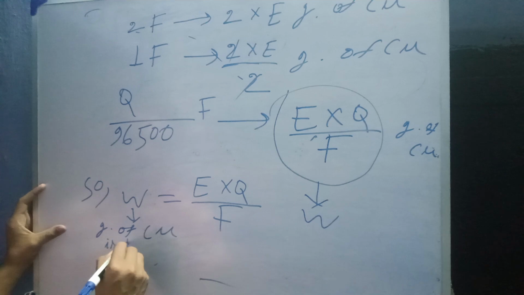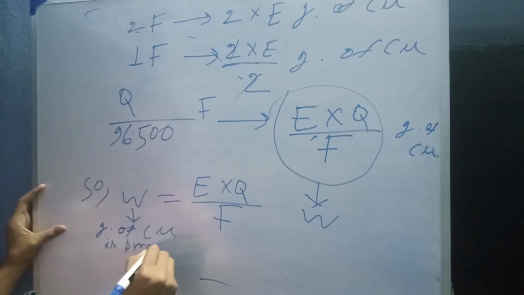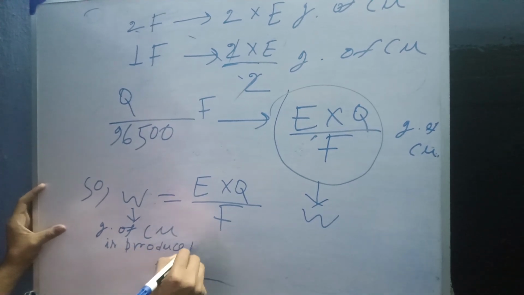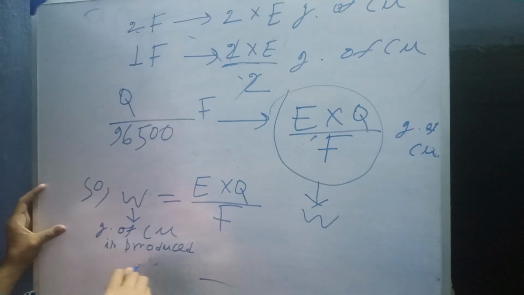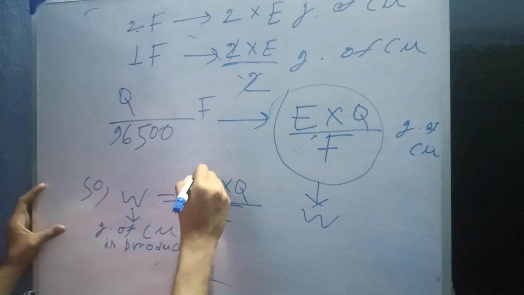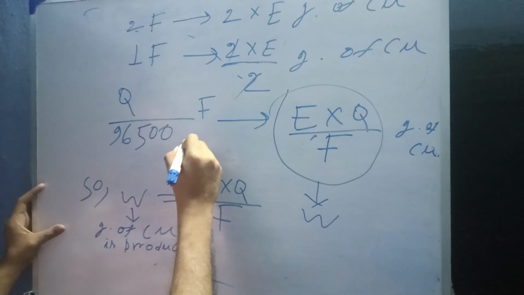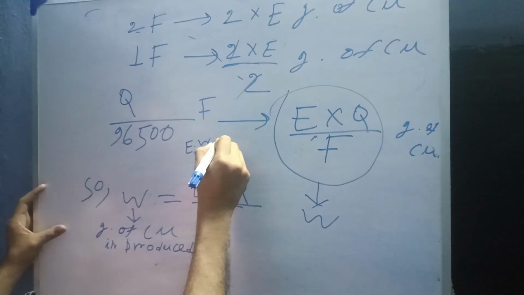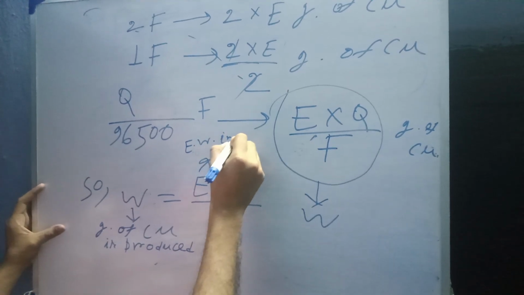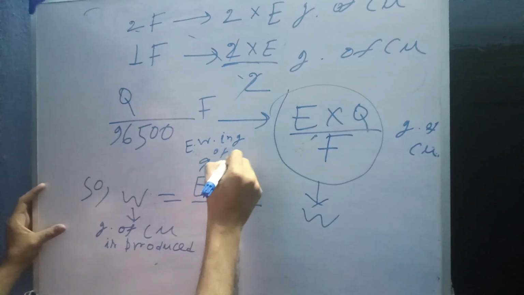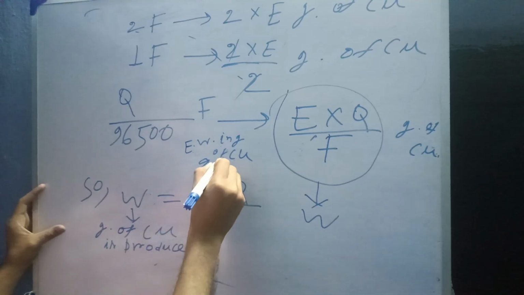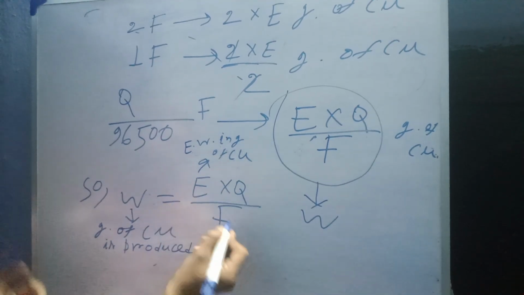produced during electrolysis, and E is the equivalent weight in gram of copper. As here copper is produced, so it is the equivalent weight of copper.